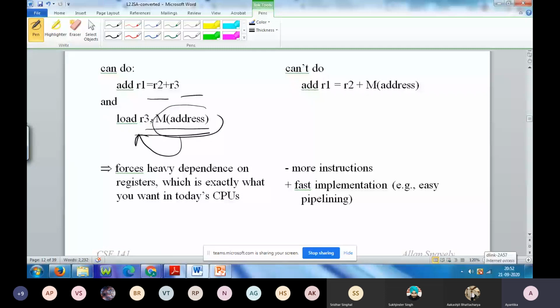Whenever we are performing any execution, we prefer register access rather than memory access, because register access is always faster compared to memory access. So this is how we fetch the value from the memory address, store it in the register, and then perform register operations.